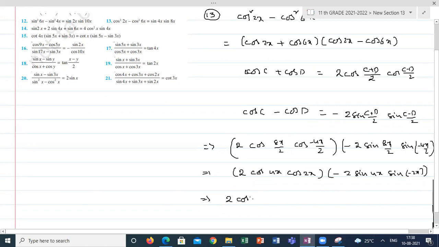So 2 cos 4x cos 2x, minus of minus is plus. This also can be written as 2 sin 4x sin 2x.